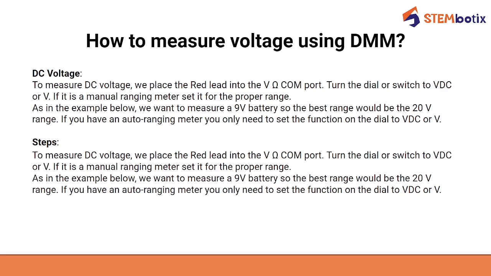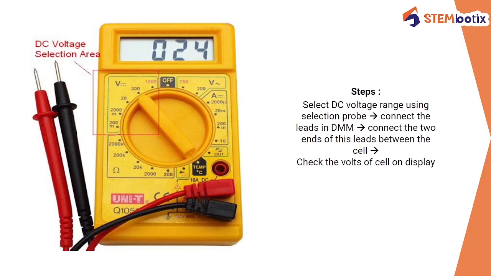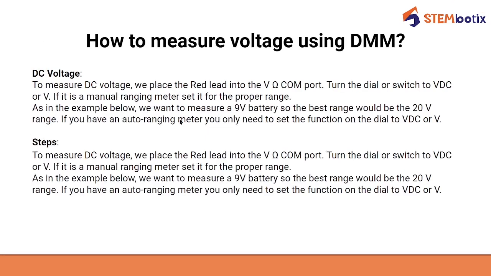Here what you will require to measure voltage is this digital multimeter, and we are going to measure the voltage of a 9-volt cell, or you can say battery. So you will require a digital multimeter and a 9-volt cell.